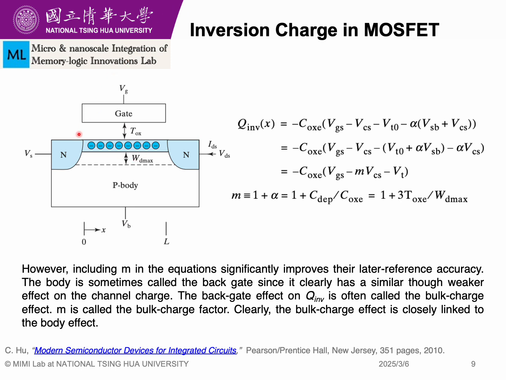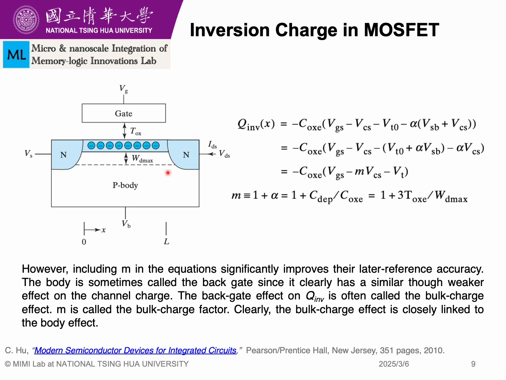It varies from Vs to Vd, and this variation means the voltage across the oxide and the depletion layer capacitors decreases as we move along the channel towards the drain. So this leads to a reduction in the inversion layer charge as we move from source to drain.